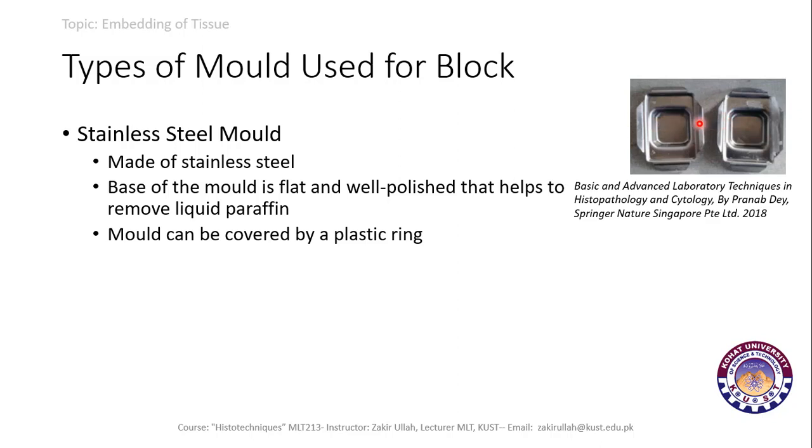These molds are then covered by a plastic ring. They come in different sizes, and this is a medium-sized mold. They can be smaller for smaller tissue, and for larger tissue the base is slightly larger than this.